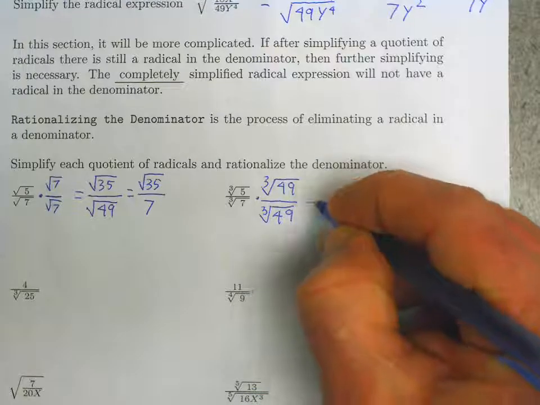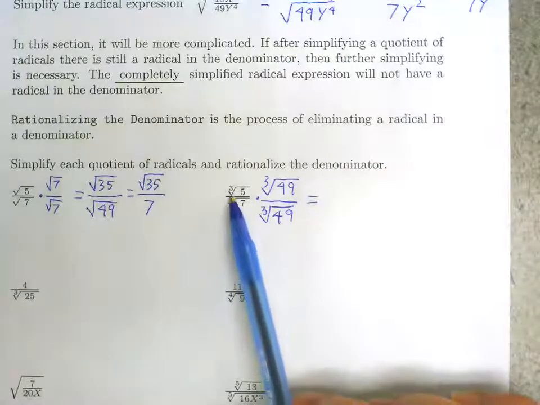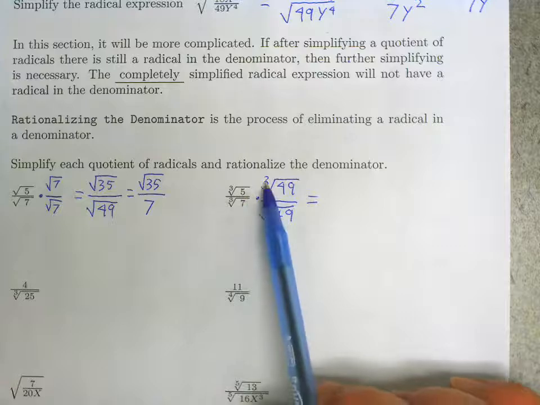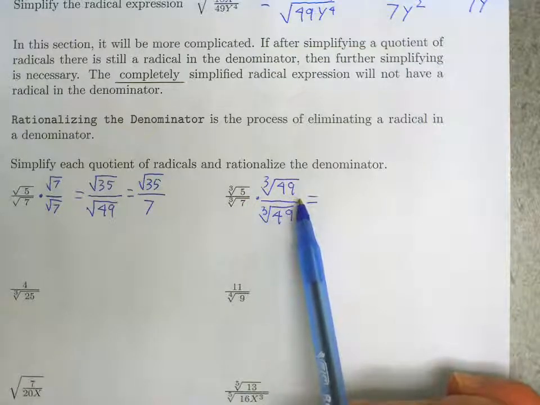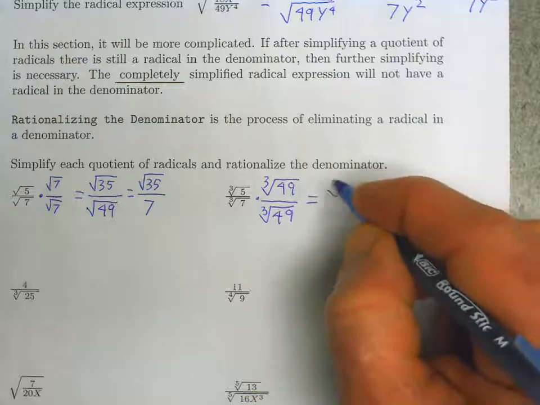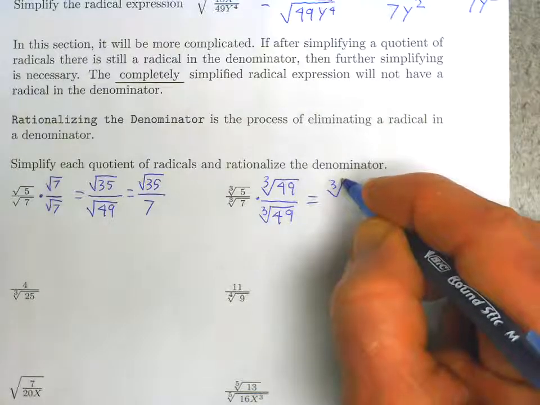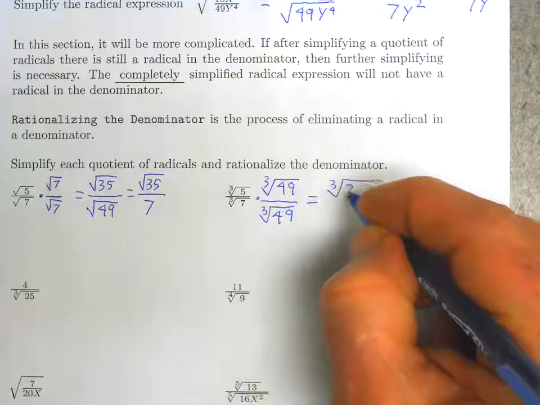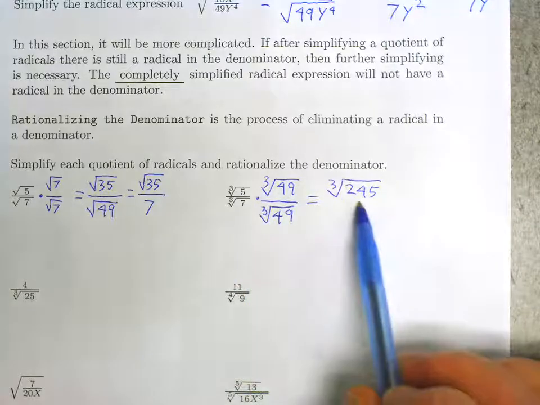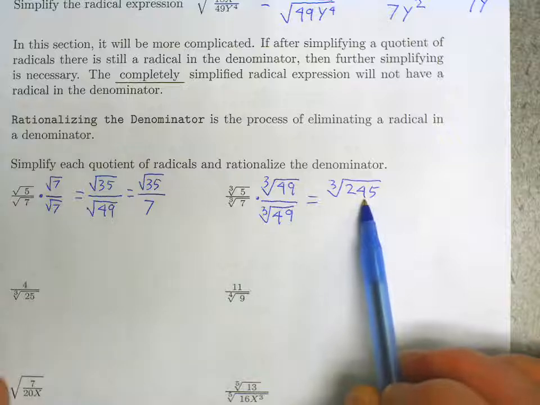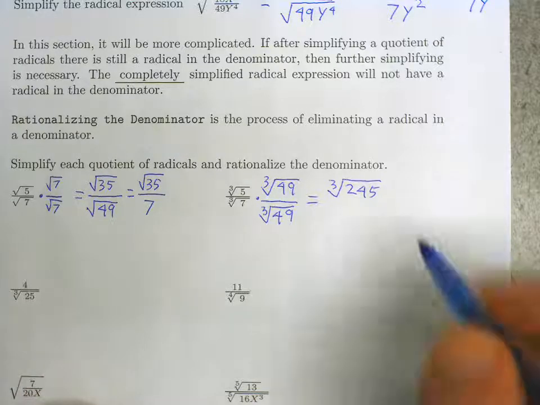Okay, so we just multiply the cubed root of 5 times the cubed root of 49 in the numerator, and we get the cubed root of 245, because 5 times 49 is 245. So the numerator is the cubed root of 245.